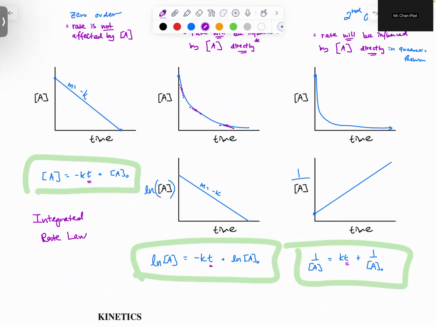Now I would like you to train your ears to know there are two different things. What we were just talking about, there are three equations, right?